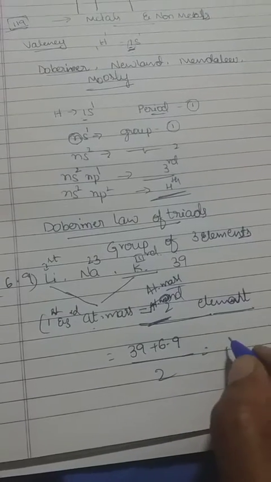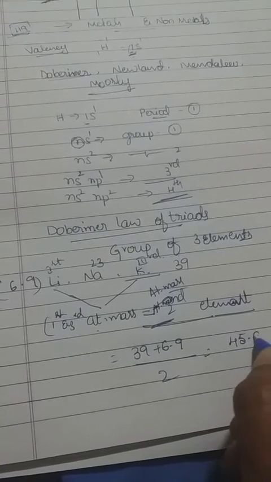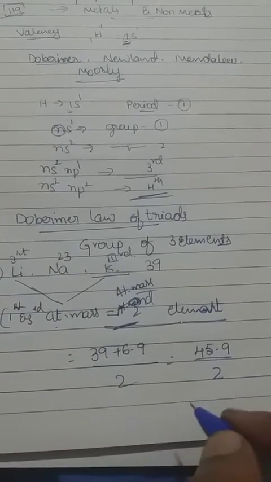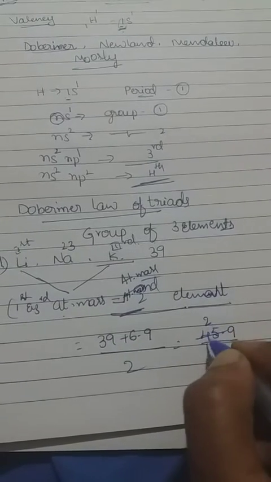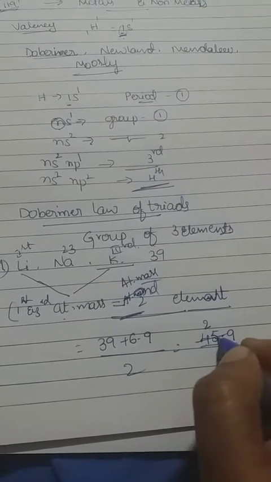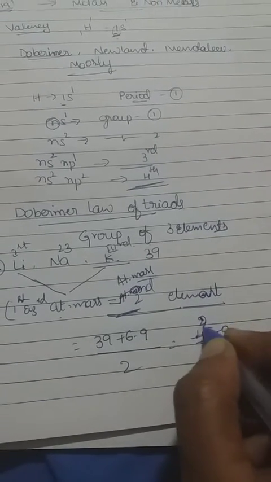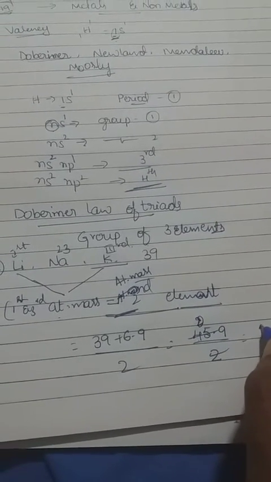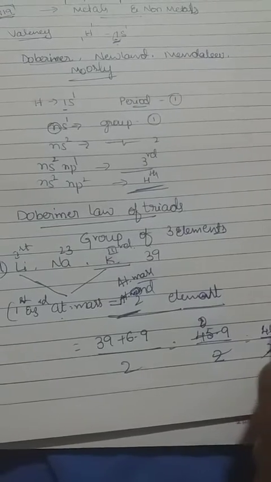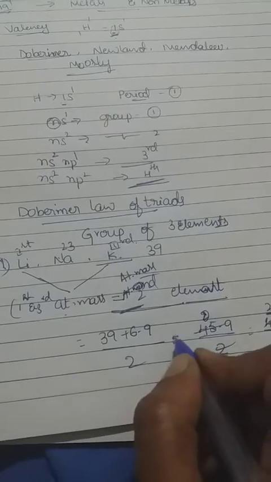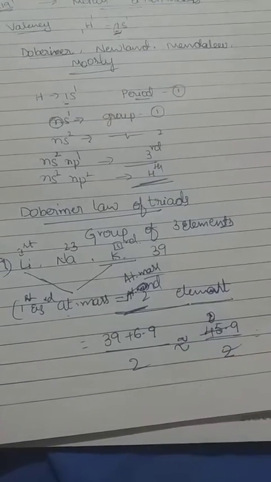39 plus 6.9 is 45.9, divided by 2. Dividing 45.9 by 2 gives 22.9, which is nearly 23. So it is approximately equal, and this is the symbol of approximately.